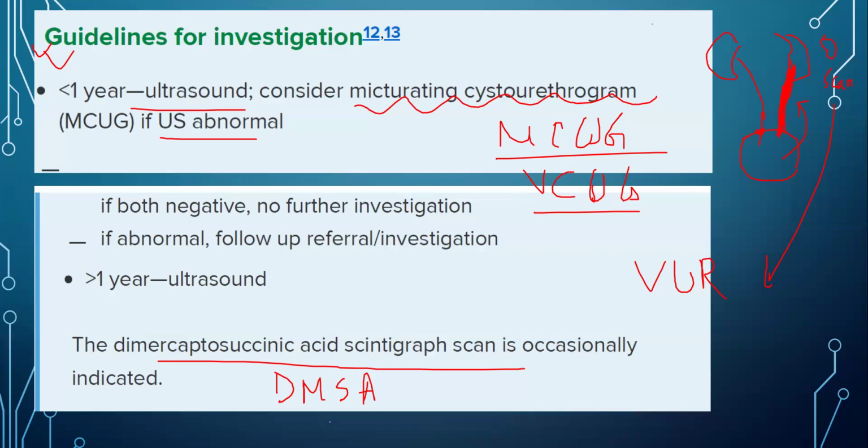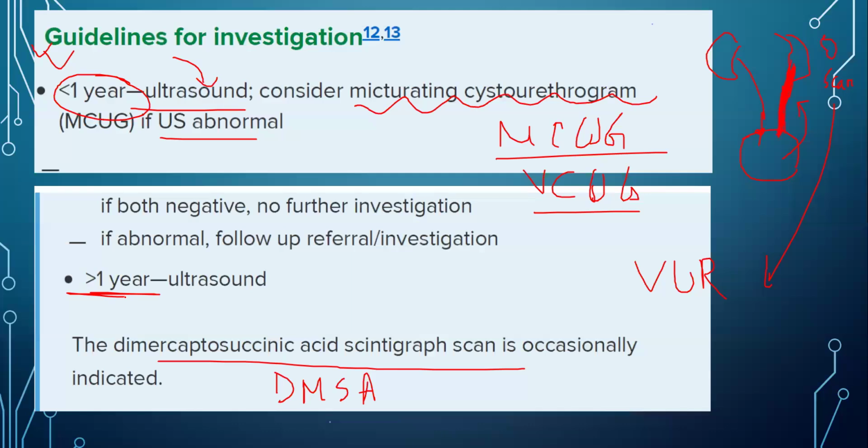It's not only just less than 1 year. Any child having recurrent UTI, you would be doing these investigations. Most importantly, if the child is less than 1 year old, then even with a first-time UTI, sometimes we do an ultrasound just to look for any other abnormality.